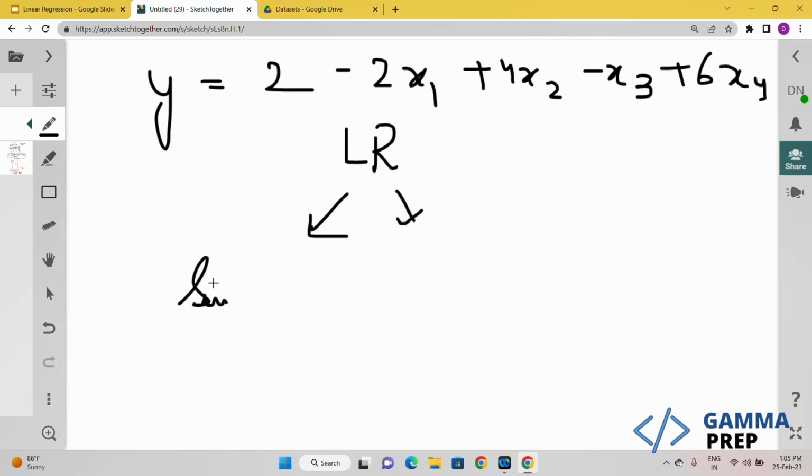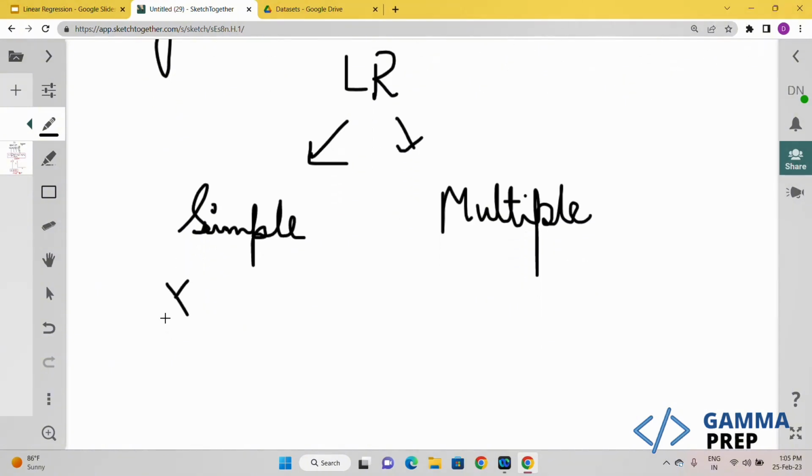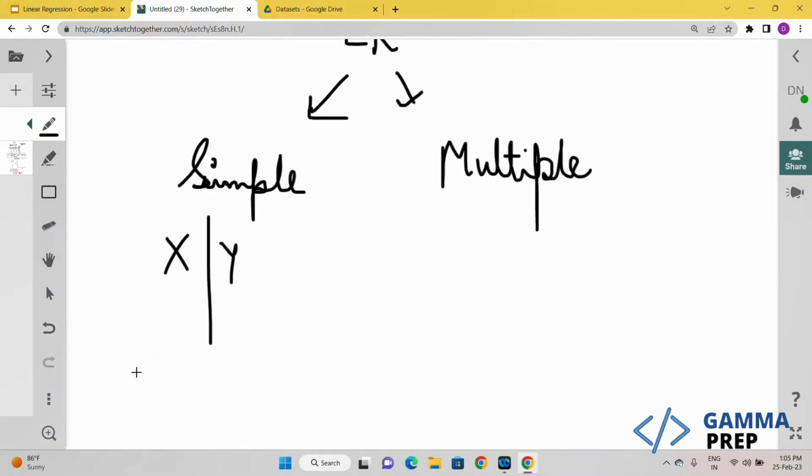Now, linear regression can be of two types. First is simple linear regression, and the second one is multiple linear regression. In simple linear regression, we just have one independent attribute and one target attribute. So here the model would look like y equals w0 plus w1 x1. So w0 is the intercept, w1 is the coefficient.